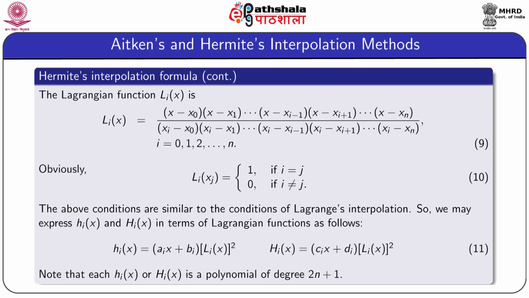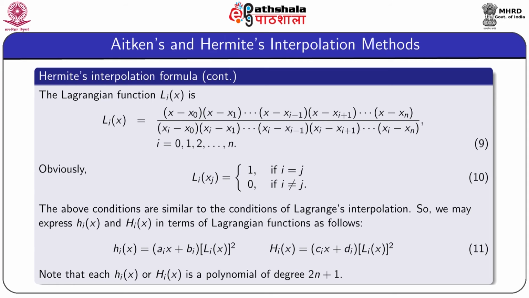So, the condition for the Lagrangian function is similar to the conditions imposed in equations 7 and 8 for the Hermite interpolating polynomial. So, we can express small h_i(x) and capital H_i(x) in terms of Lagrangian functions, and they are considered as small h_i(x) equal to (a_i x plus b_i) into (L_i(x)) whole square, and capital H_i(x) equal to (c_i x plus d_i) into (L_i(x)) whole square.